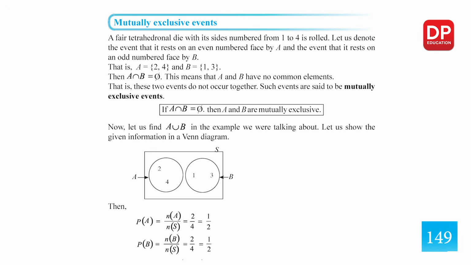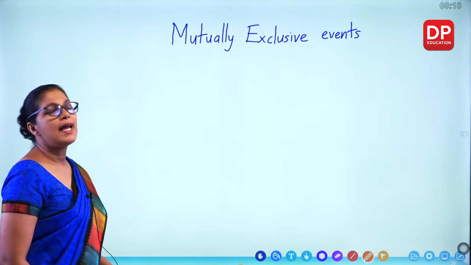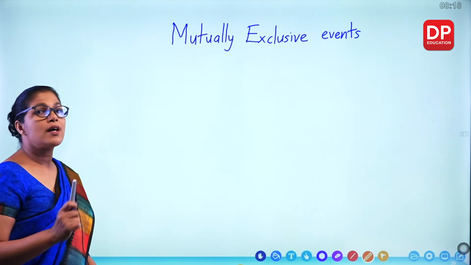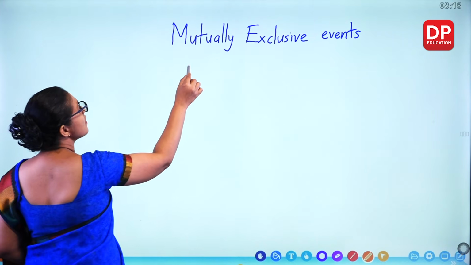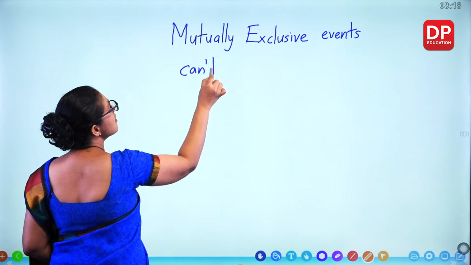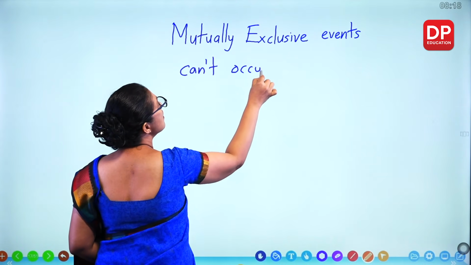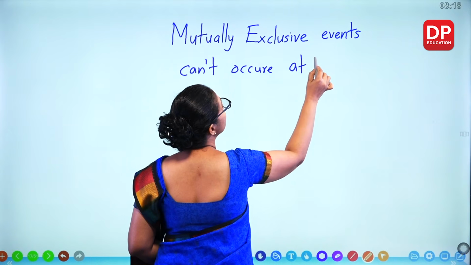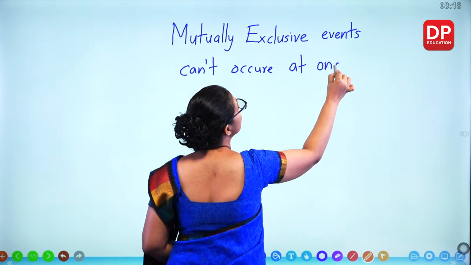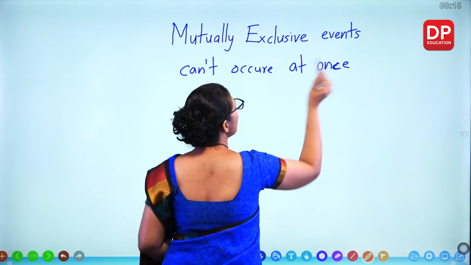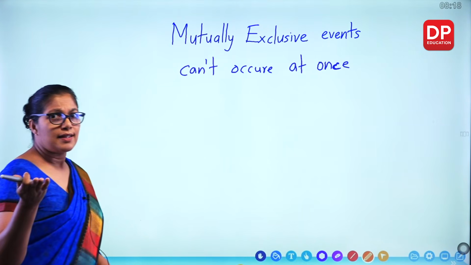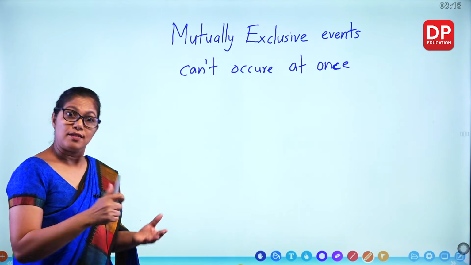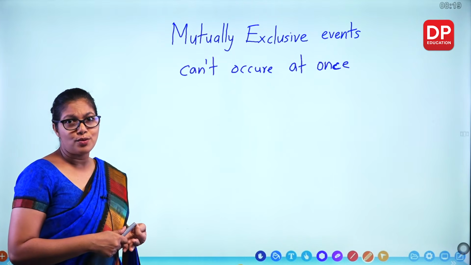Now we'll look at what are mutually exclusive events. Events can't occur together or at once. When you take a cricket match, we can't win as well as lose.